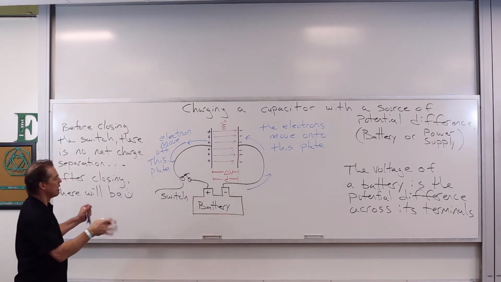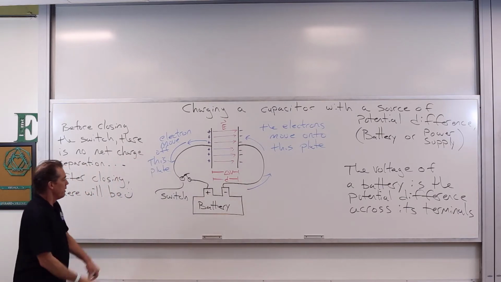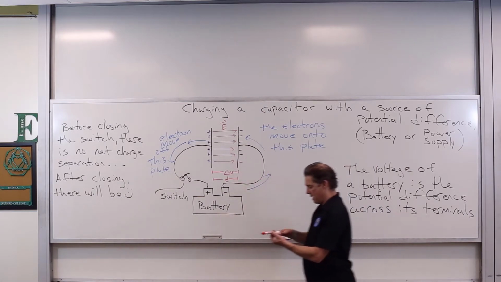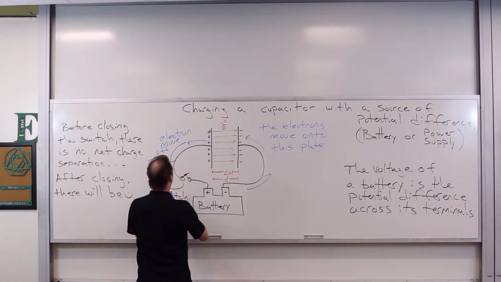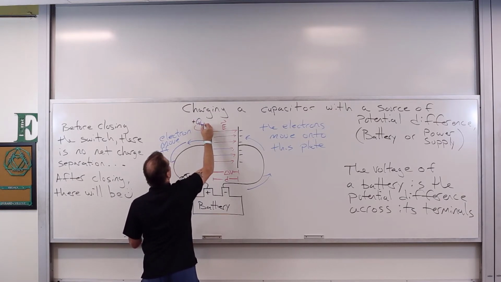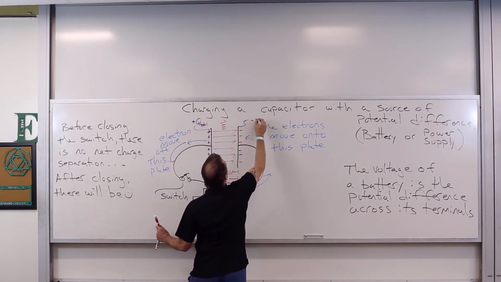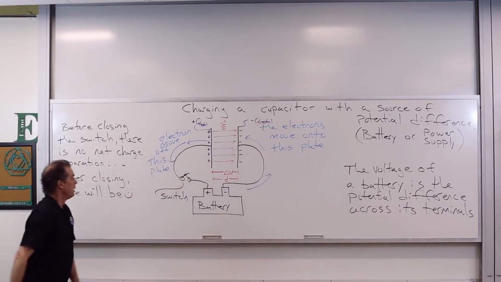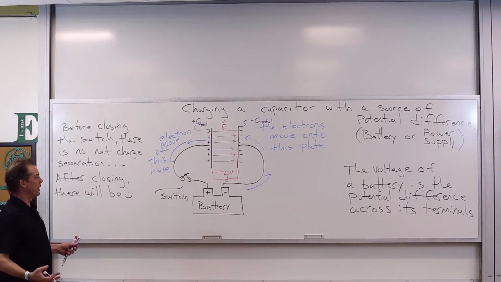There's some surface area of the sheets and such, but mostly we are concerned with the potential difference and charge. Plus Q total and minus Q total. So this is what we've got going on here.